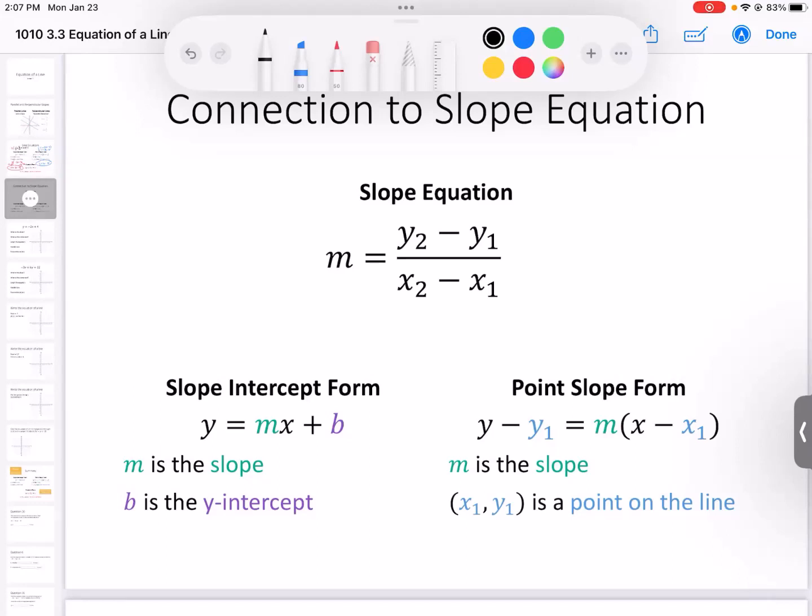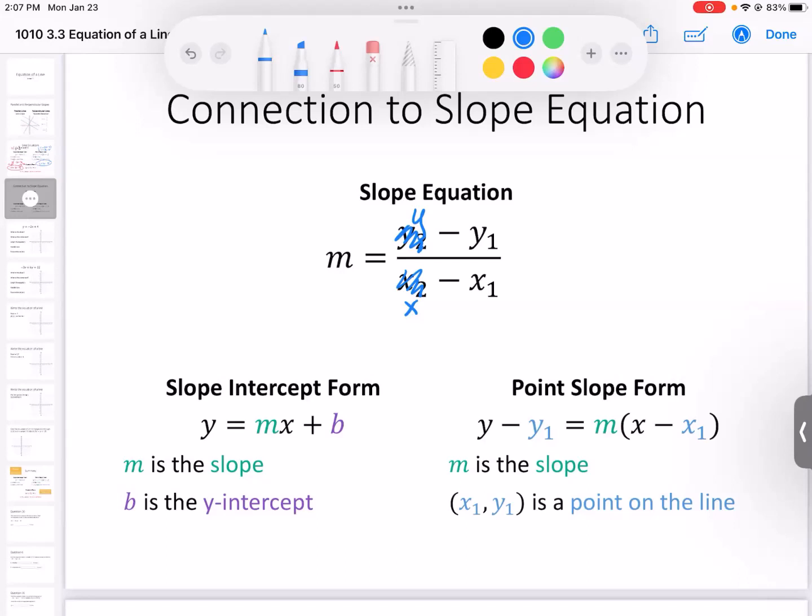So essentially the point slope form is, instead of having numbers here, you're just going to put in variables. So rather than having a y coordinate that's a number, you just put a general y coordinate. That's going to be one of your variables in the equation. And then you put a general x in this one. And then you multiply both sides by the denominator so that you don't have a fraction.